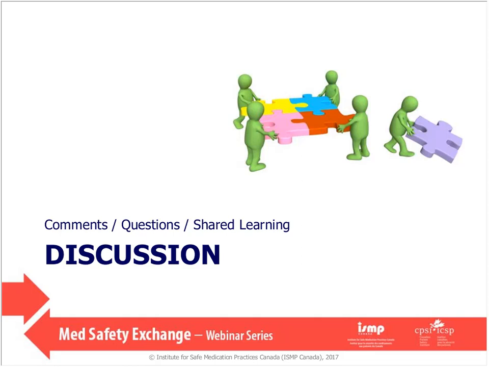Sitting on the steering committee for compounding, I think it would be a great thing to be able to do, and certainly I think CSHP and ISMP Canada will probably look at that once there's aggregate data of looking at what are we doing well, and probably more importantly, what are the challenges and what recommendations could be made to help address some of those challenges. So certainly it's a good question, and I think it's a potential use for aggregate data that hopefully we'll be able to examine more closely in the future.